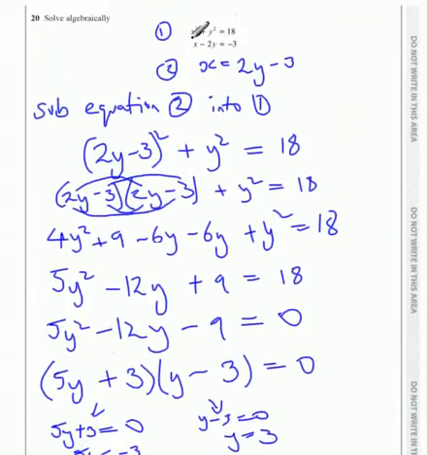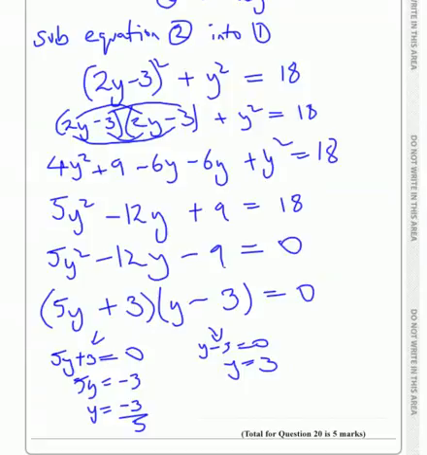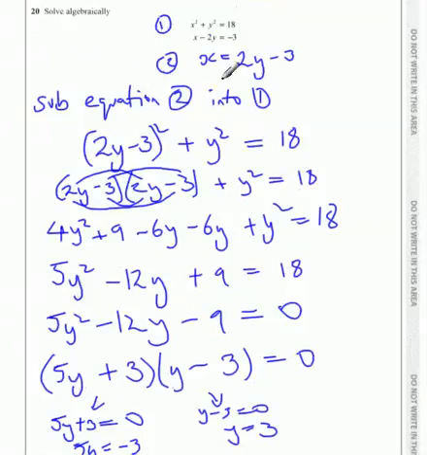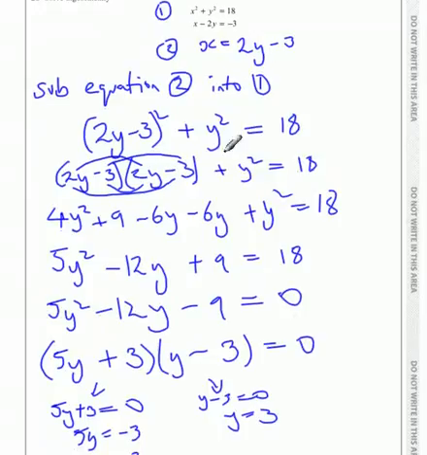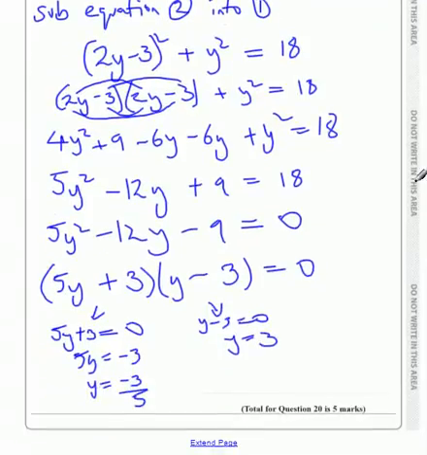Now we need to go back to the equations and sub in these values to get our x values. We can sub them into equation 2 and work out our two x values.